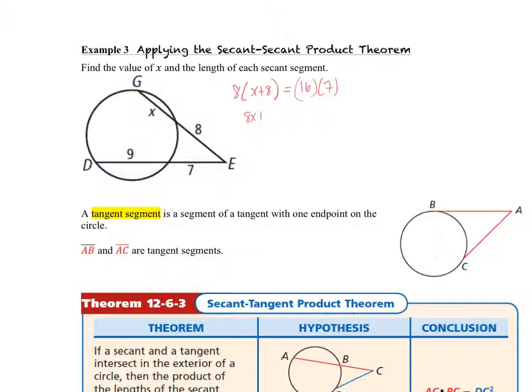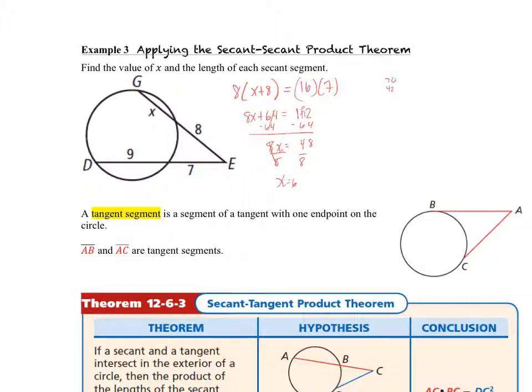So if I choose to distribute, I get 8x plus 64 is equal to 16 times 7, 70 and 42, which is 112, minus 64. So 8x equals 48. Divide by 8, and x is 6.